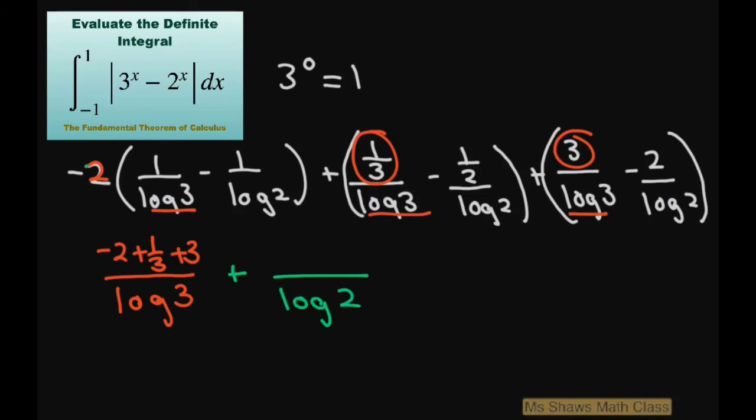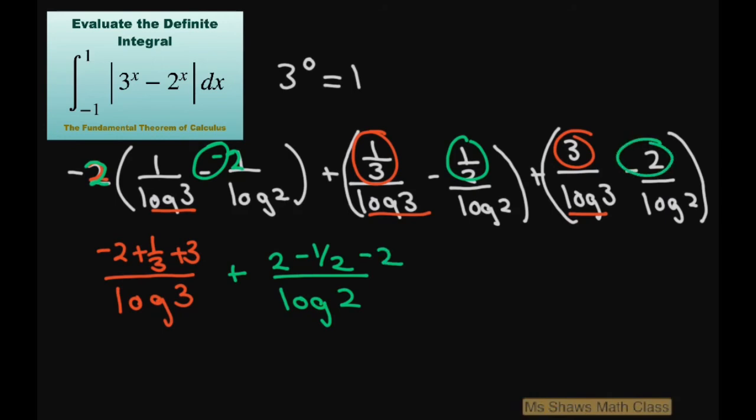So I'm just putting a plus here. So if I do a plus, we have negative 2, so that's going to be a positive 2. Two negatives make a positive. And then we're going to have minus 1/2 here and minus 2 here.